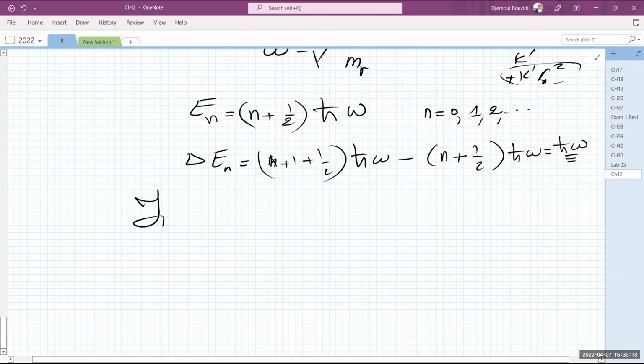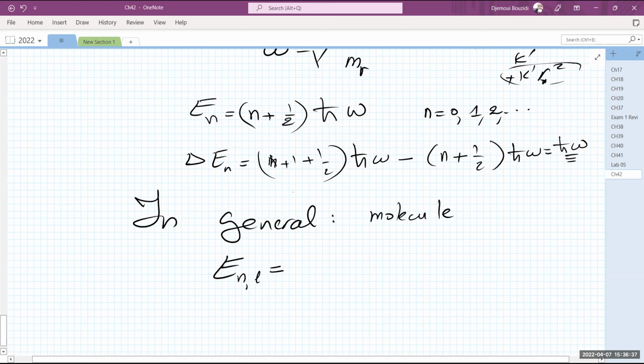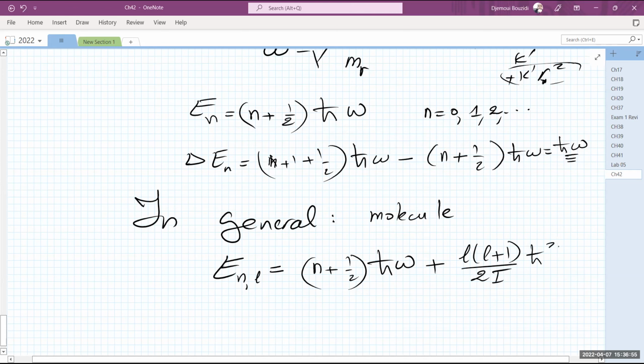In general though, and this is the main thing, for a molecule, it can do both. It can rotate, and at the same time it can vibrate. So in general, the energy is governed by 2 quantum numbers for the molecule. These 2 quantum numbers are the one coming from the vibrations and the one coming from the rotation, L times L plus 1 divided by 2I times h bar squared.